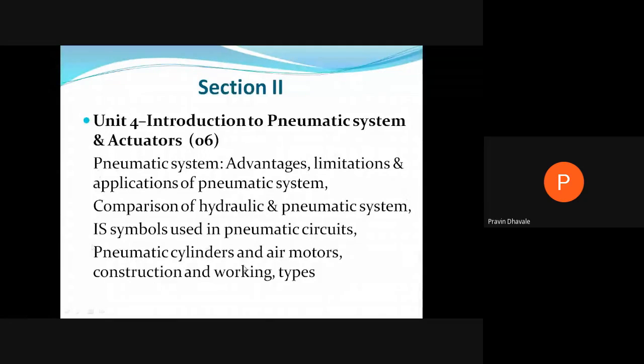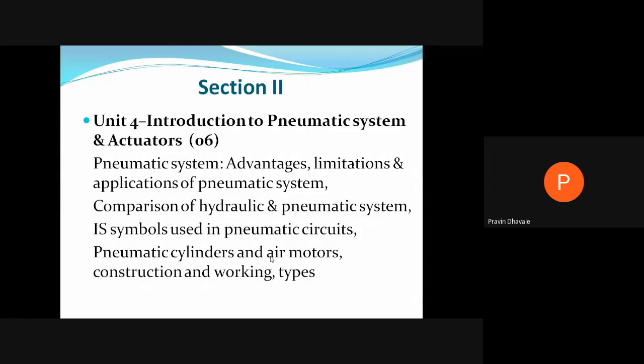Are you getting? Now, the second section is quite similar to the hydraulic system, but the difference is the working medium, right? In hydraulics, we use liquid or oil as the working medium, and in pneumatics, we use air or gases as the working medium. So that is the main difference.